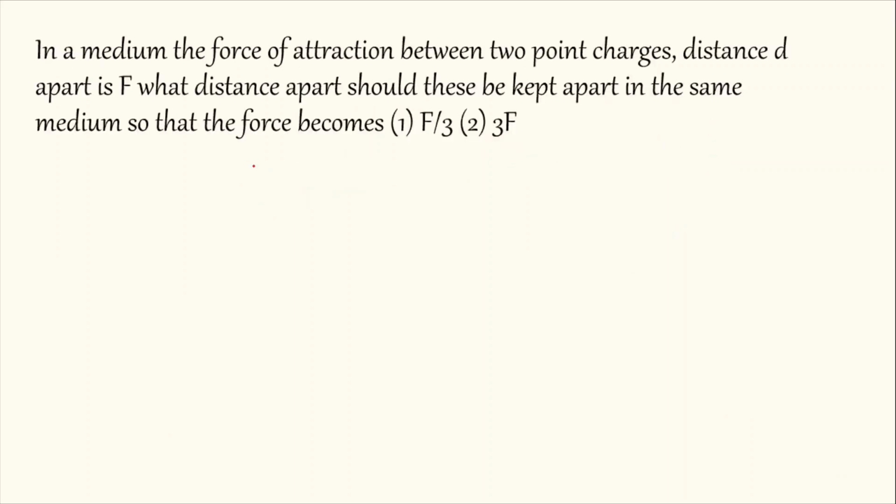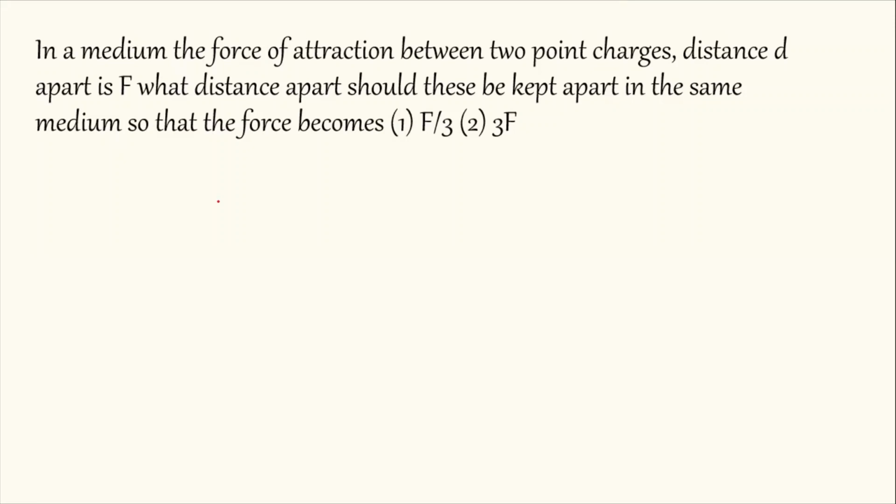Okay. Coming to the next question. In a medium, the force of attraction between 2 point charges, distance d apart is F. What distance should these be kept apart in the same medium so that the force becomes F by 3 and 3F? Okay.